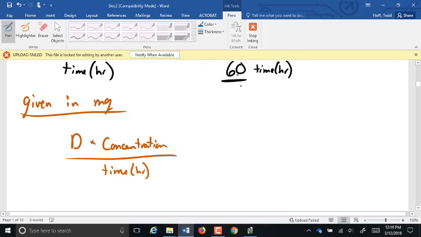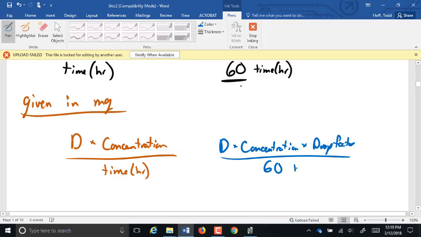Same type of thing then applies if we're going to use a drip rate. It would be dosage times concentration times drop factor over 60 times the time in hours. Because once again, drops are going to be in drops per minute, not per hour.